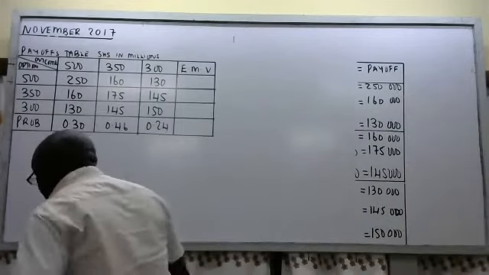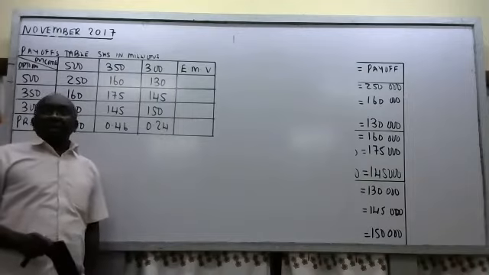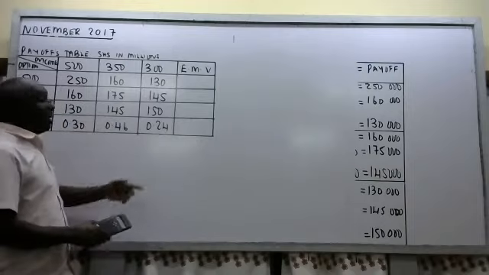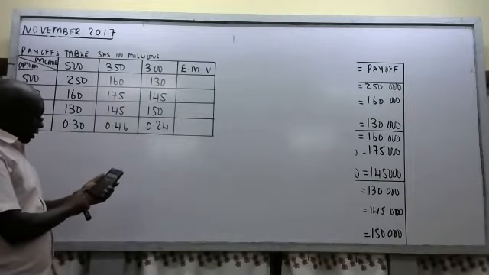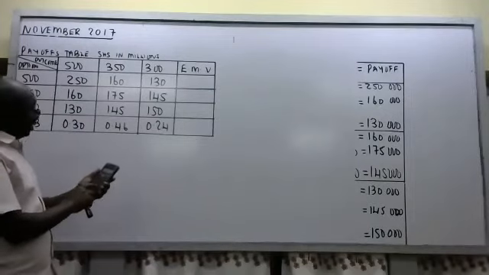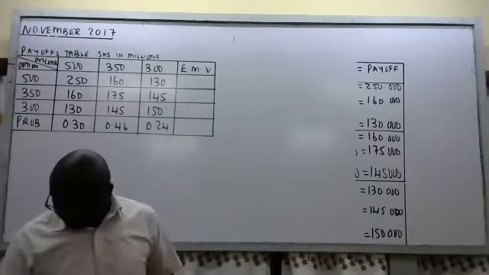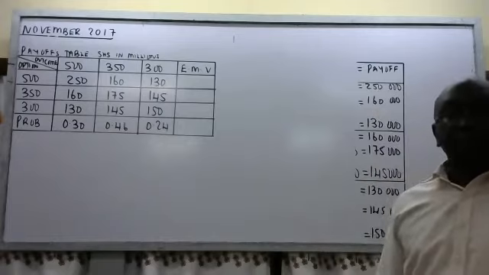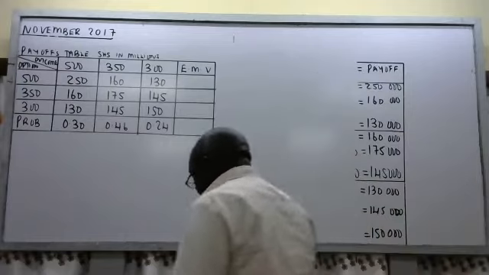Okay, so now the EMVs, I believe you know how to compute. So without much workings, you take this, you multiply by the probabilities. So the first one will be 250 times 0.3 plus 160 times 0.46 plus 130 times 0.24. Send me the answer. The first EMV, yes, Churchill, 179.8.